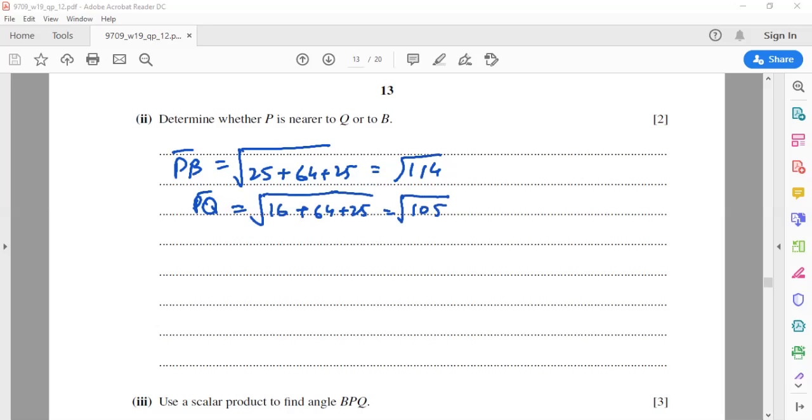So obviously PB is greater and PQ is smaller, so P is closer to Q.